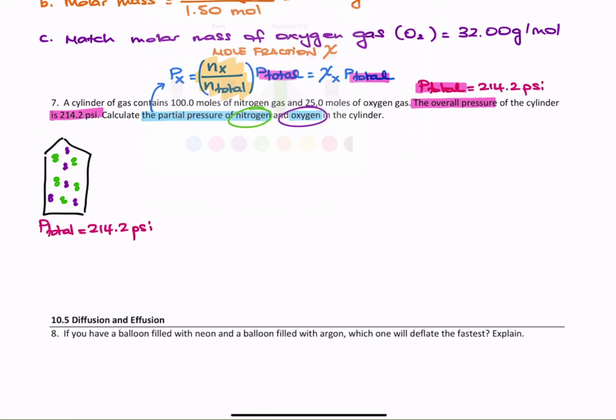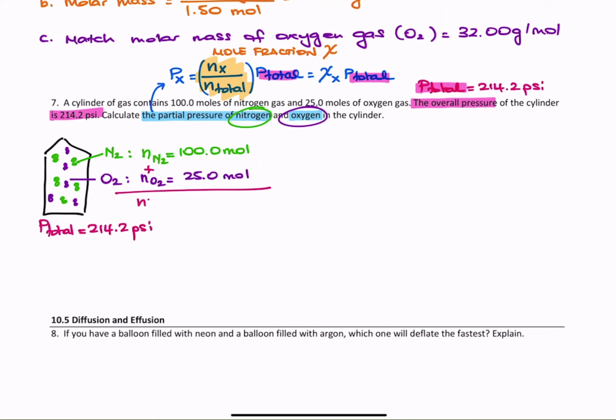This container contains N2 gas, and the number of mole for N2 is 100.0 mole. This container contains as well O2 gas, and the number of mole of O2 is 25.0 mole. We have therefore a total number of mole being 125.0 mole. Since you can add the moles, it's just like it's a countable unit.